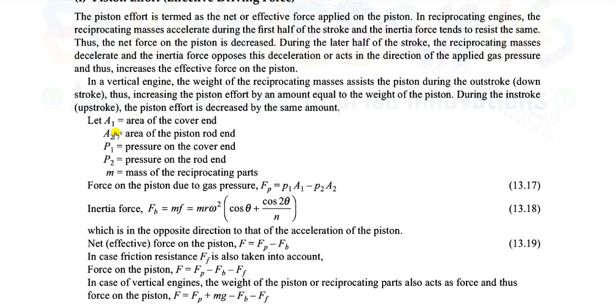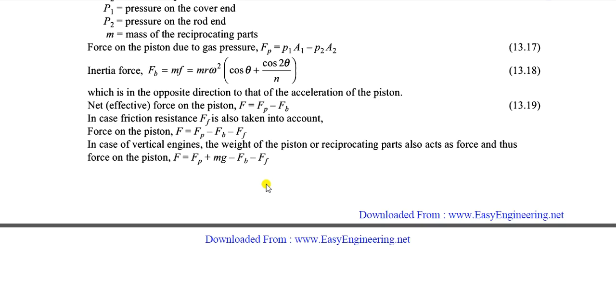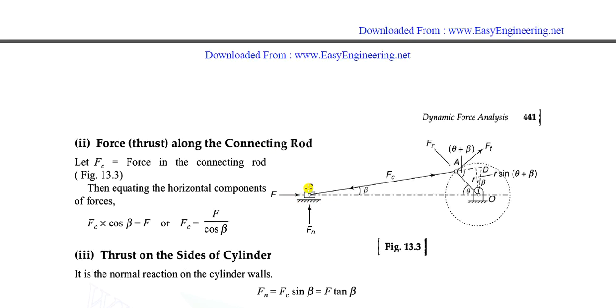Now for example, A1 is the area of the cover end, A2 is the area of the piston rod. So we are calculating here force on piston due to gas pressure, if P1 is your gas pressure. Now you should know the piston-cylinder arrangement, but here we don't have it.